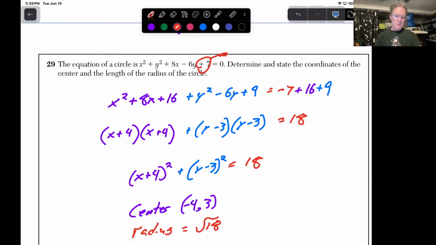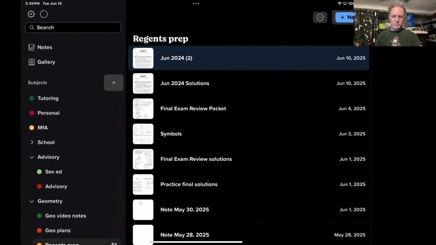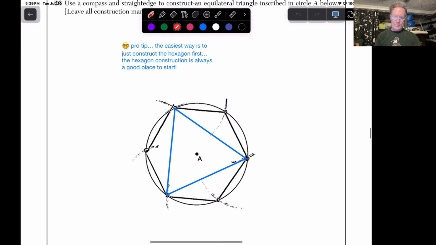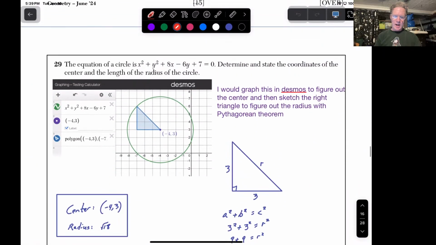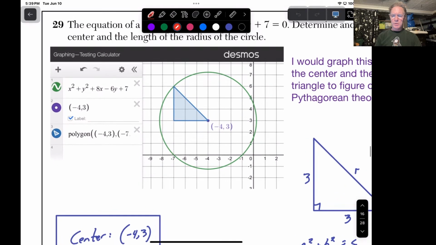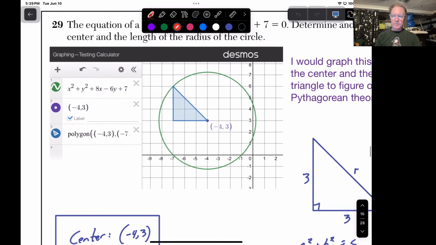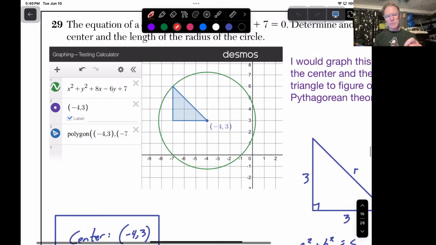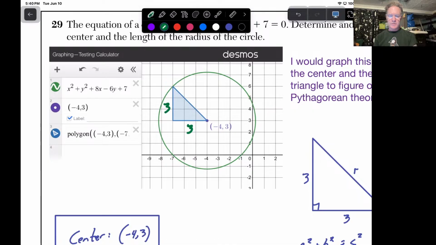Okay, so if you were going to graph this in Desmos, here I'll show you what it looks like. So that was a lot of algebra, right? But if you had to graph this, it would look like this. We still need to figure out the length of the radius because you can't count these boxes. But you know this side length is 3 and this side length is 3, so you can use the Pythagorean theorem to figure that out.